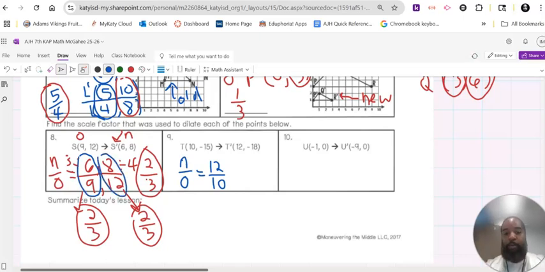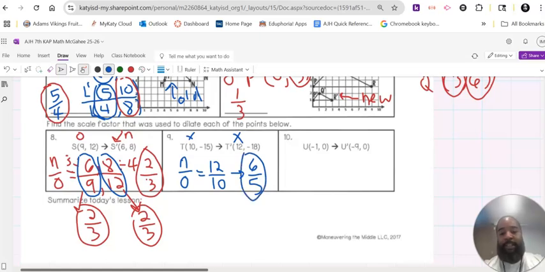So I only need to work with one coordinate. So I'm going to choose the x coordinate this time. And 12 over 10 reduces to, oh, that's not correct. If I divide these both by 2, this reduces to 6 over 5. And then we would leave it there.